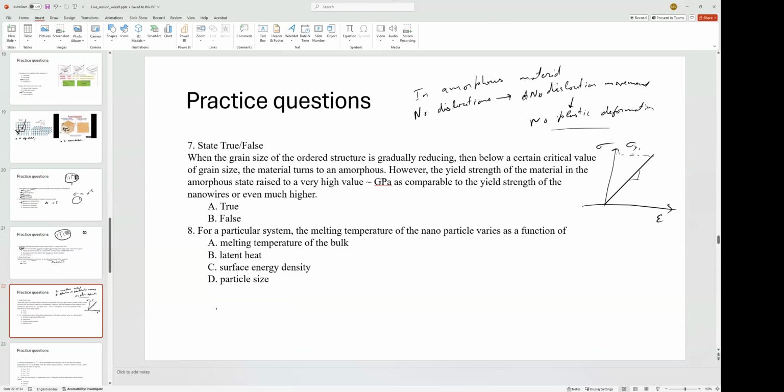Sigma is Young's modulus times epsilon. Okay, so this is true. As you reach the amorphous regime, since there is no dislocation movement, because there is no dislocation, you get very high yield strength.